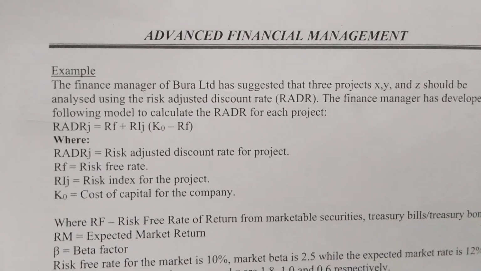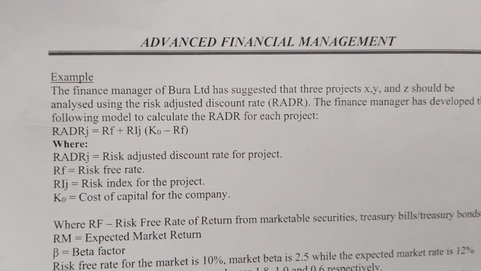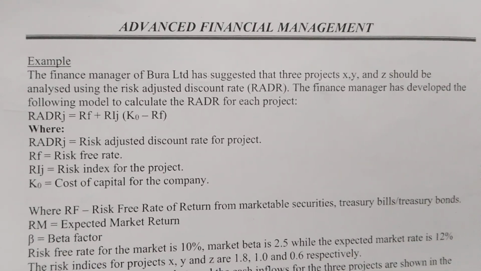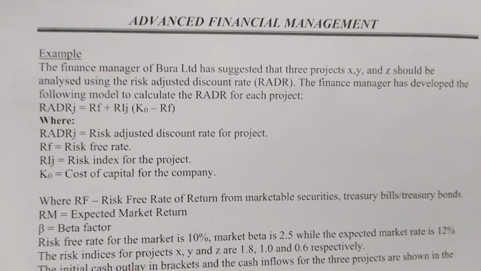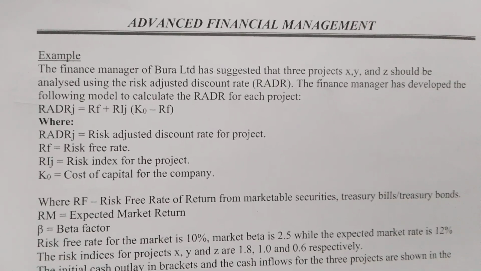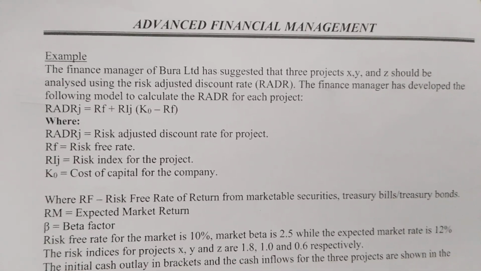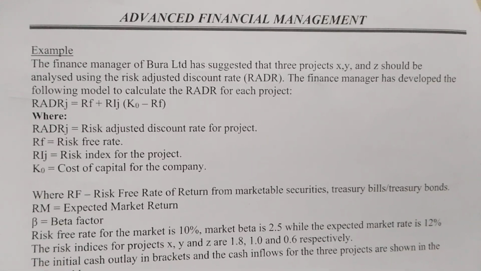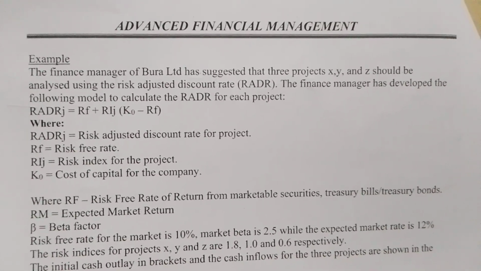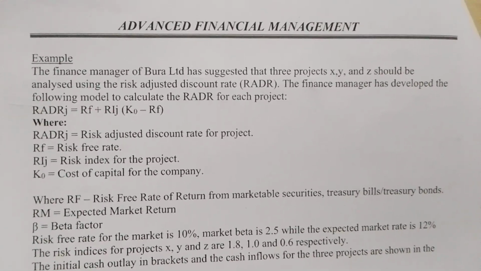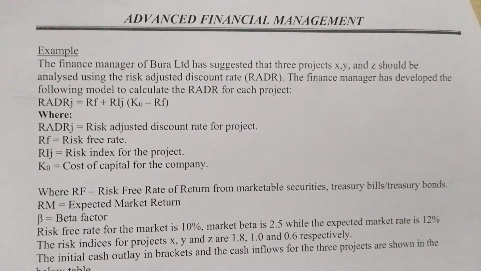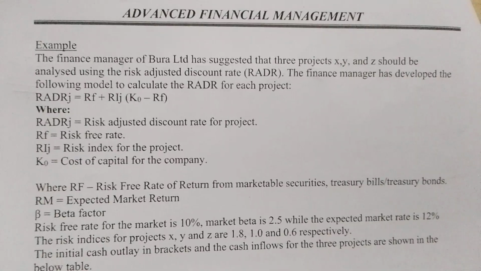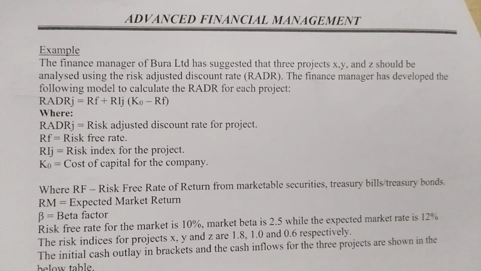You can see the abbreviations according now to this particular question, what those abbreviations are associated with. You have the risk-adjusted discount rate for the project equals risk-free rate, which is RF, then risk index for the project. So in their case, they will be using risk index for the project, which will represent the beta factor. Then K note, cost of capital for the company.